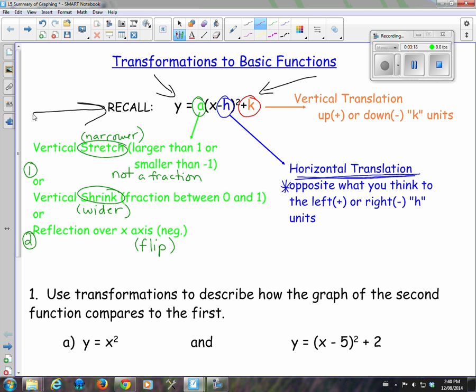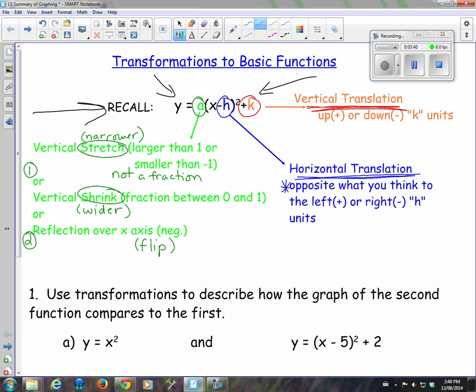And lastly, the number at the end. If you add or subtract a number at the end, it's called a vertical translation. And that's because it moves the parabola up or down, exactly what you think. If you're plus a number, it moves it up that many. If it's minus a number, it moves it down that many.